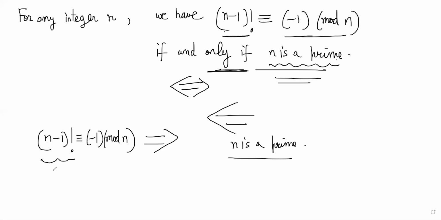Let's take n equal to 6, for example. So 5 factorial is congruent to minus 1 mod, no. We can't take an arbitrary case. We have to get a case such that this is true, and from there show that it is prime.